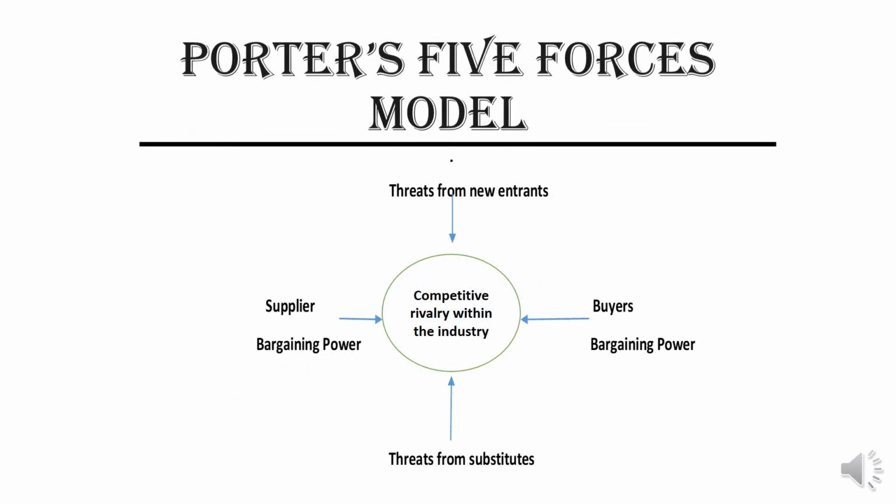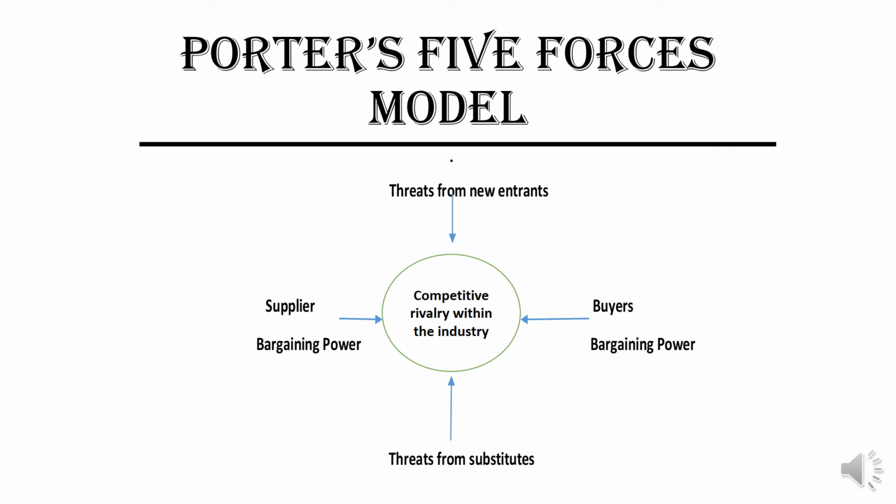Now, the Porter's 5 Forces model has 5 forces. However, 4 of these forces are external to the industry. We have the threats from new entrants, the buyer's bargaining power, the threats from substitutes, and the supplier bargaining power.